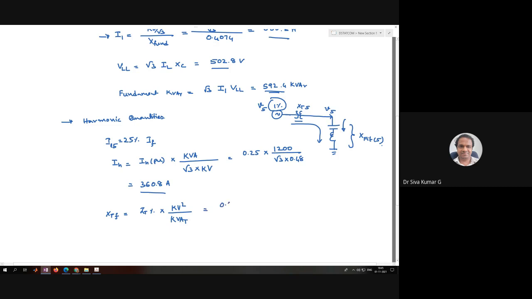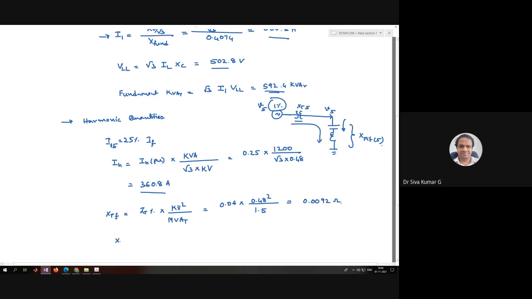We get 0.06 into 0.48 square by the transformer rating, which is 1500 kVA. We can write this as 1.5 MVA, so we express this value in MVA. Now the value we get is 0.0092 ohms.